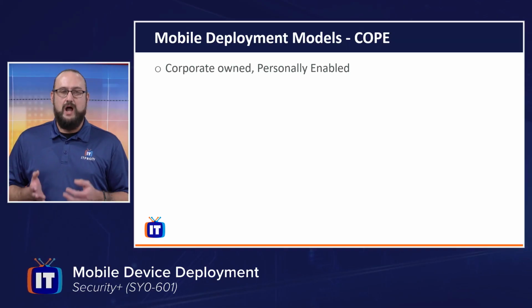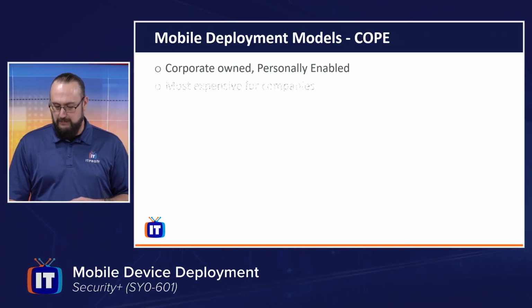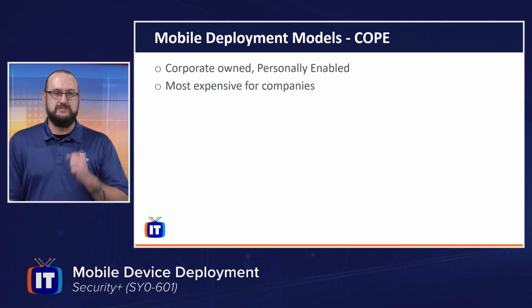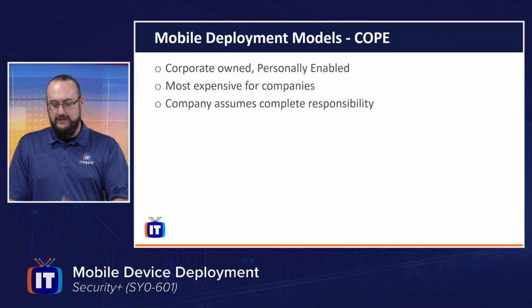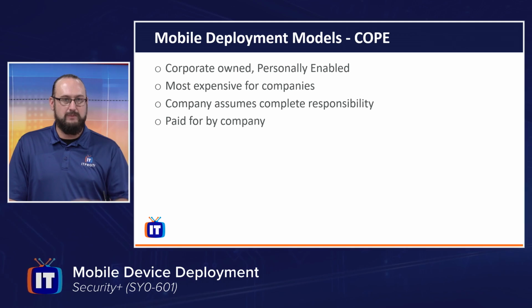Sure. So the acronym for this one is corporately owned, personally enabled. And it is one where the company, it's the most expensive, by the way, too. All right. So corporately owned, personally enabled is most expensive for companies because the company assumes complete responsibility. Everything's paid for by the company. But the big thing here is you don't get a choice.